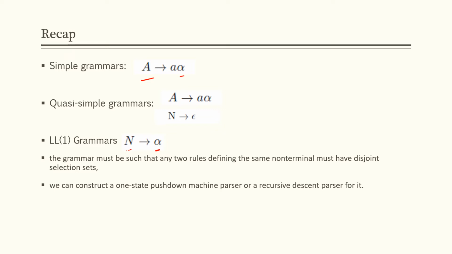So we can construct a one-state push-down machine parser or a recursive descent parser for it, similar to simple grammar and quasi-simple grammar.